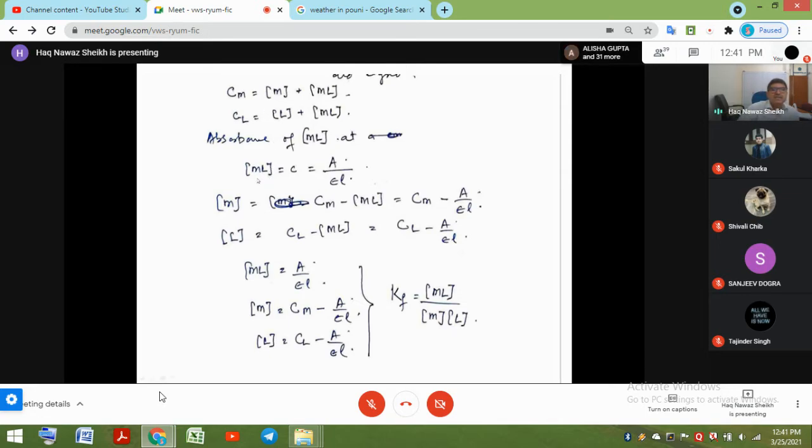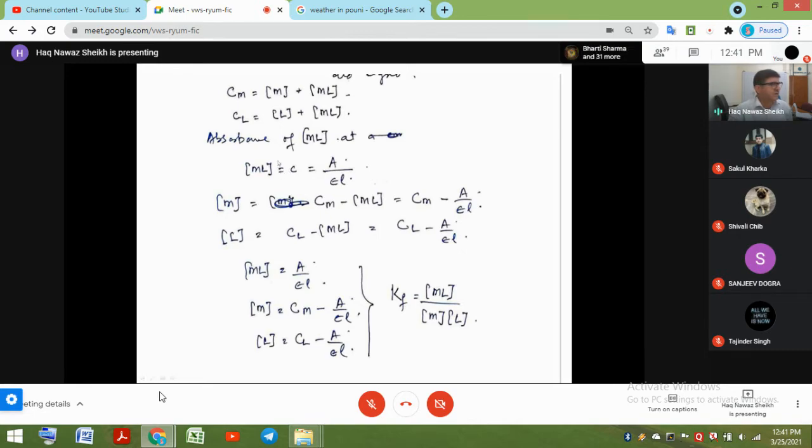So the concentration is equal to absorbance by molar extinction coefficient into cell length. So before finding this concentration of the complex, you must know the molar extinction coefficient. For that you have to prepare a solution of known concentration of the complex, find out its absorbance, and divide it by C and L, and you'll find out the molar extinction coefficient.